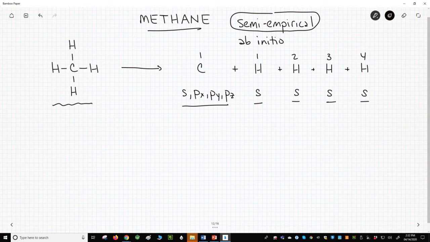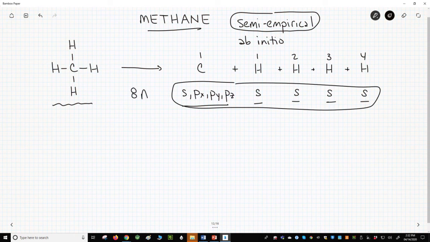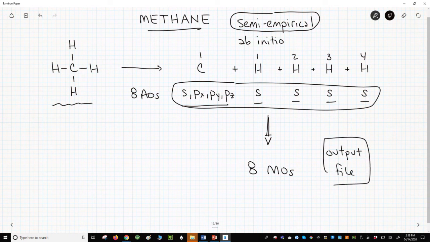In a semi-empirical calculation, the computer program takes these 8 AOs and generates 8 new MOs as an output file. For each new MO, the output will list the contribution of each AO in making the new MO. The output will also predict the relative energy of the MOs.